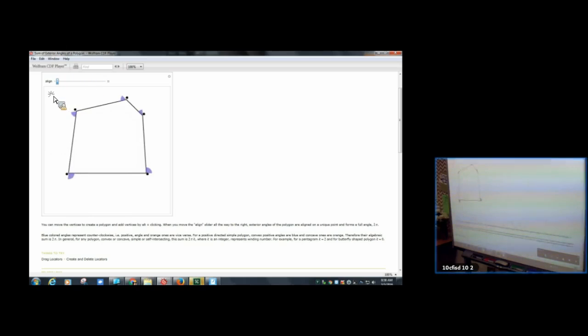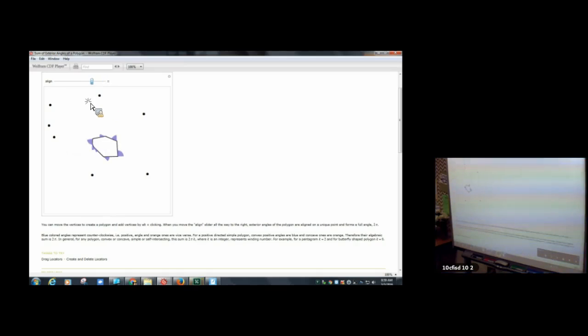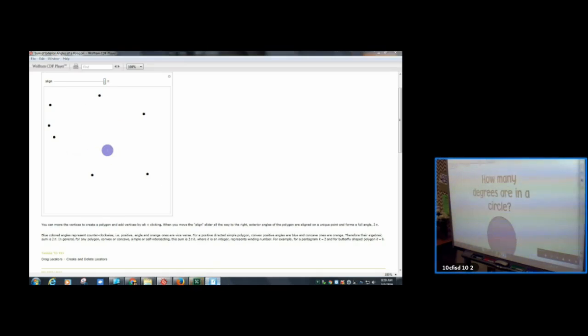Whoa. Mind blown, people. It's coming up with the same result every time. How many sides do I need to do to convince you? Oh, we don't want it to be overlapping. I'm running out of space here. All right, how many sides do I have? Quite a bit. Even though all the angles are different, together, I promise, so cool, they form a circle.